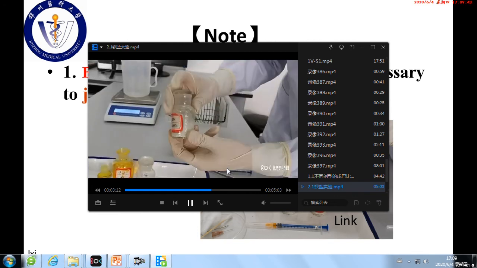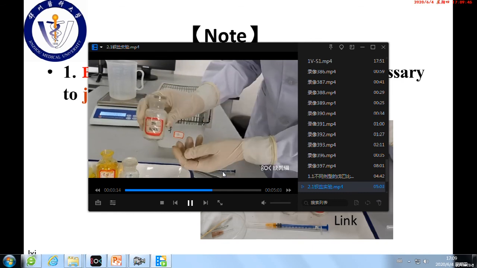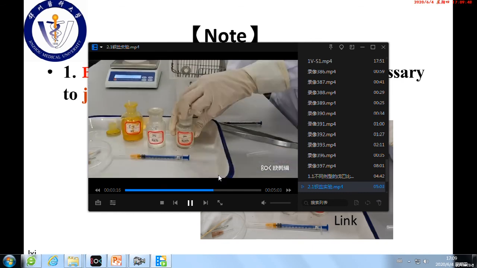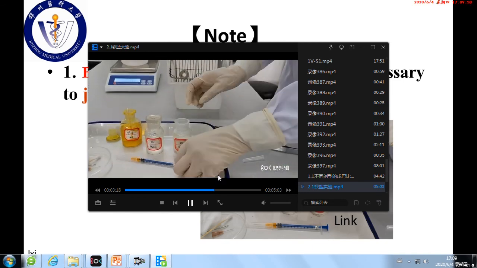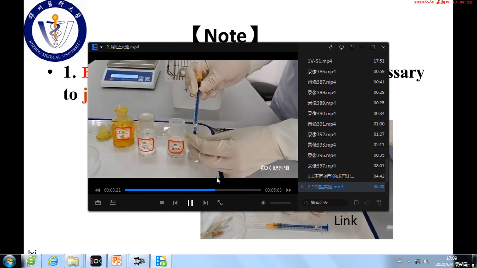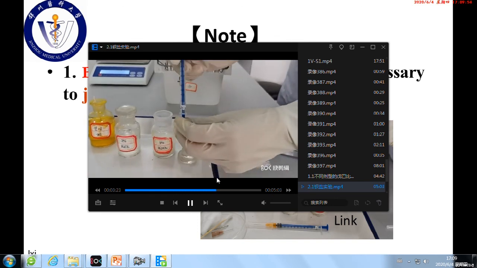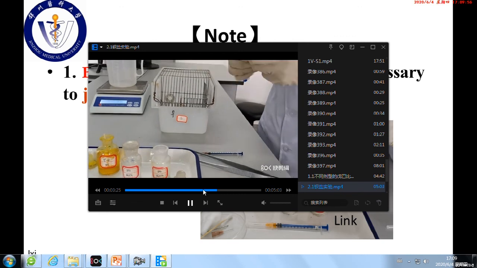The other mouse should be administered barium sulfate. Take the barium sulfate injector.